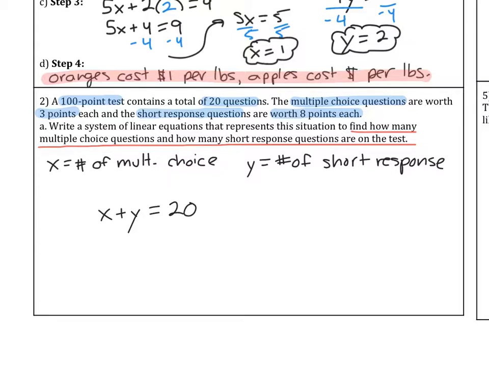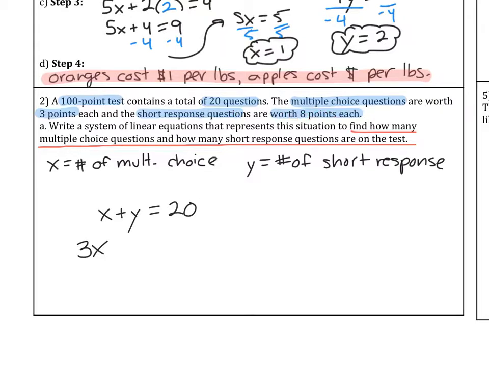Now the next one, we can use this piece of information that it's a 100-point test. Some of those 100 points came from multiple choice questions, and the multiple choice questions are worth 3 points each. So you essentially take 3 and multiply it by the number of multiple choice questions you have. But some of those 100 points also came from short response questions, which are worth 8 points.